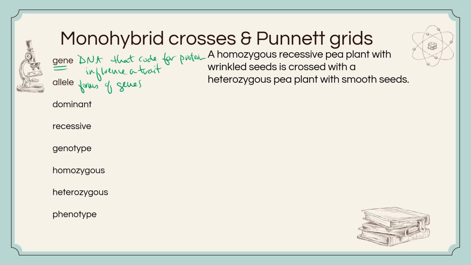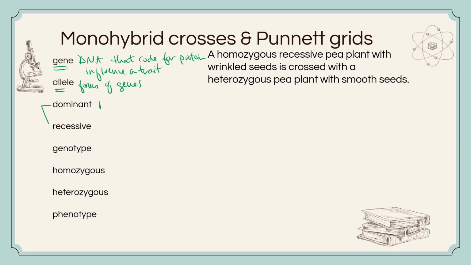We talked in class about how we have hair color genes, but we could have different versions of that hair color. Those are the alleles. So maybe you have brown or black or blonde or auburn. These are different alleles, different forms of the hair color gene. Alleles can be dominant or recessive. They can be other things that we'll talk about on other slides. For now, we're just going to focus on dominant versus recessive.